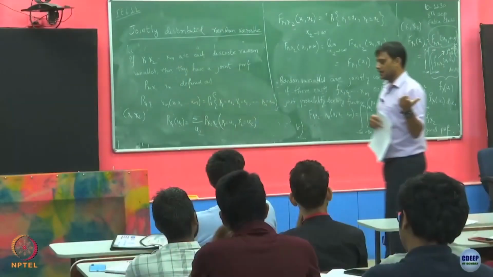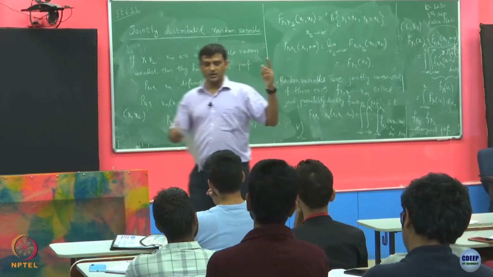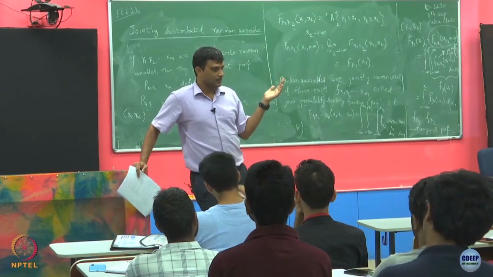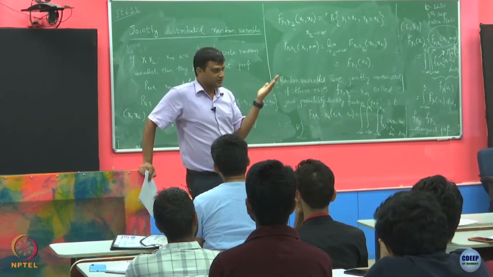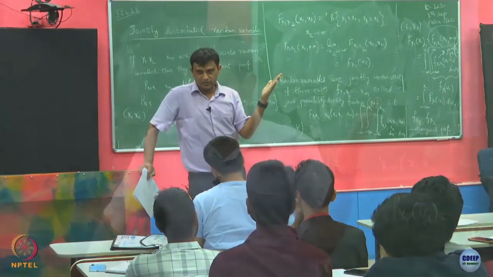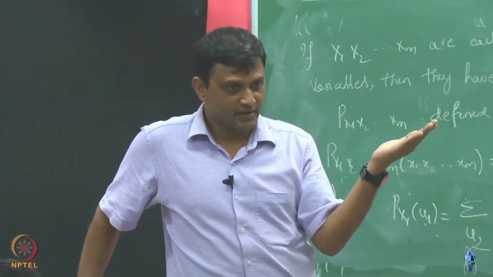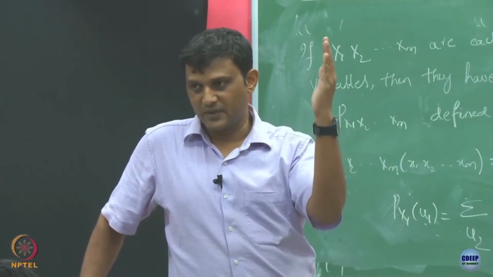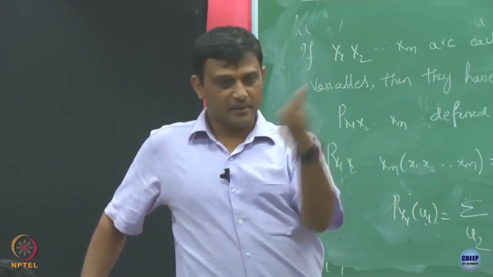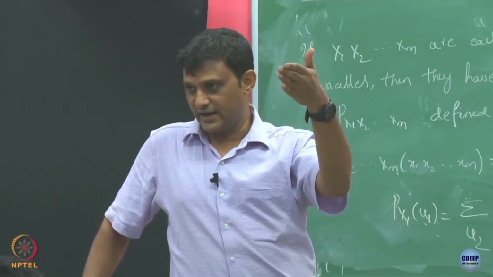So for example, if x1 is the temperature and x2 is about some other properties, like it is very cloudy or very windy, you can map these outcomes to some numbers so that you have an associated real random variable.